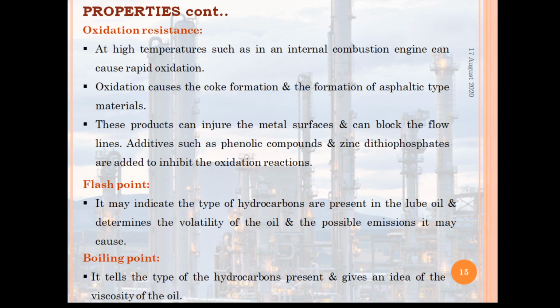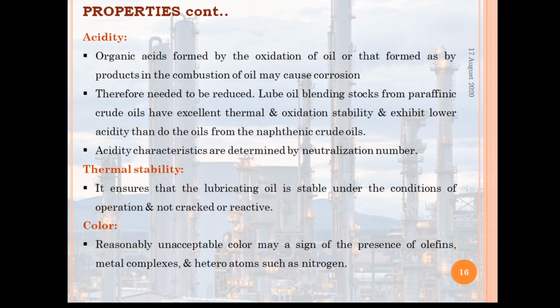And then the boiling point. Boiling point tells the type of hydrocarbons present also and gives an idea of the viscosity of the oil. Based on the boiling point, there is a difference in the viscosity of that oil.